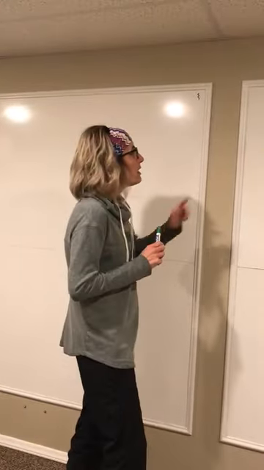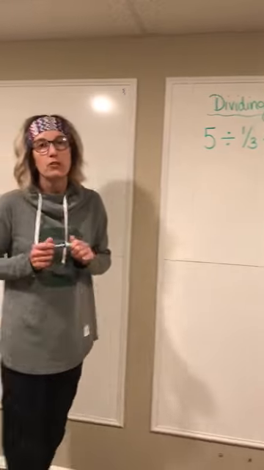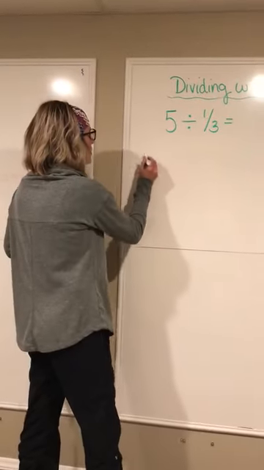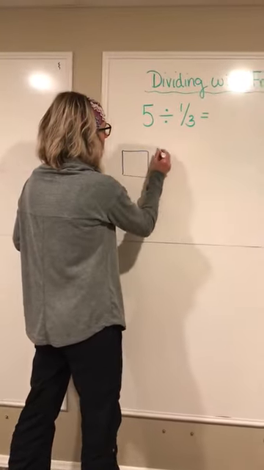So the first one is 5 divided by 1/3. When we were doing story problems, we were thinking, okay, if I have 5 candy bars and I cut them all into thirds, how many pieces will I have? So when we were drawing it, we would have our 5 candy bars.